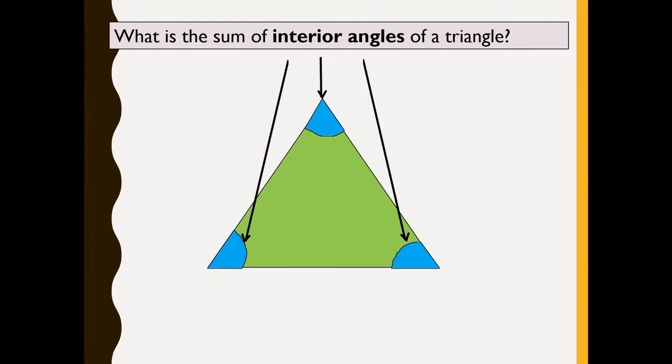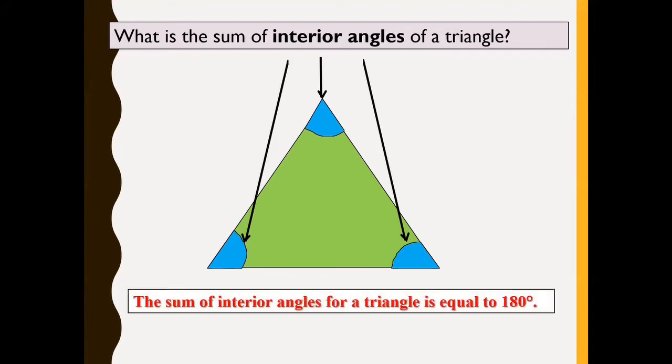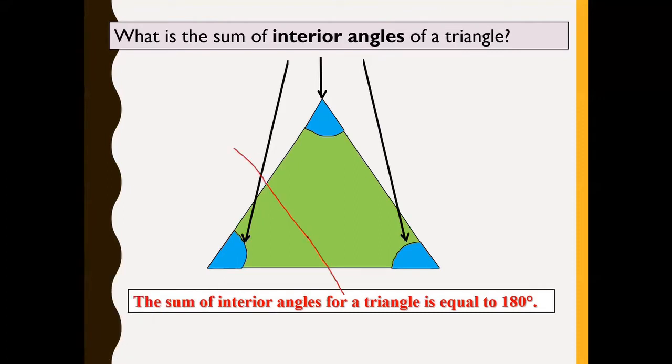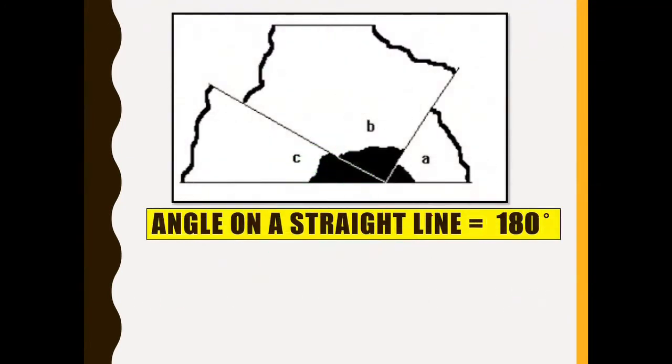I'm sure all of you have already learned before that the sum of the interior angles of a triangle is equal to 180 degrees. Am I correct? But how are we going to prove that? If you are given a triangle and you tear it into 3 pieces, and you arrange them on the table, we can find out that they form a straight line, a semicircle.